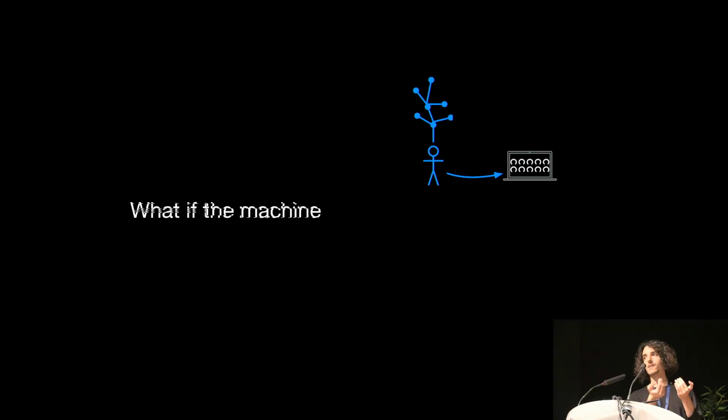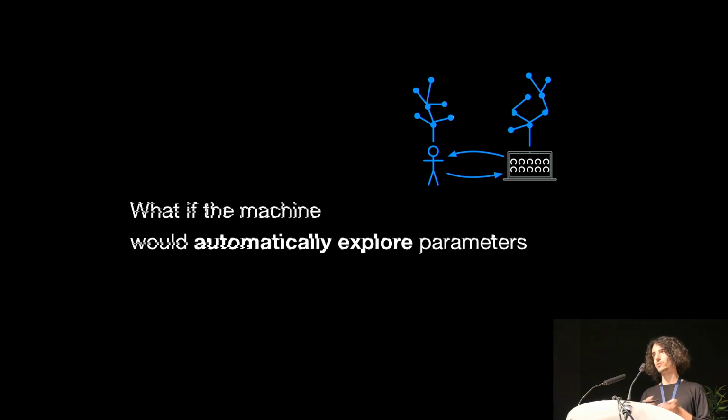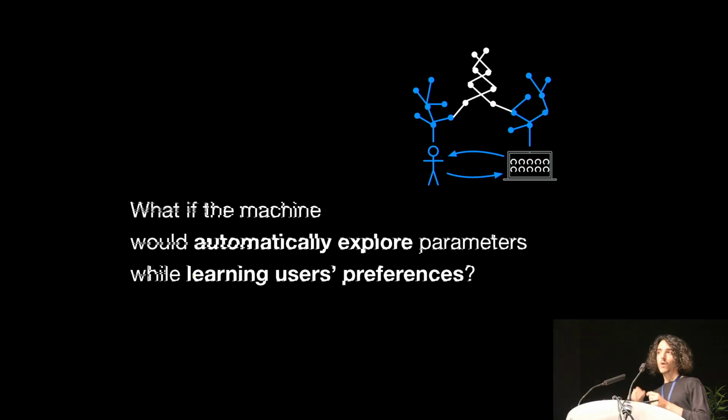This kind of human-computer interface is, of course, very good and efficient for a lot of sound design tasks. But it may not be the best to explore a great variety of sounds because of the exponential number of parameter combinations. So instead of having only the user exploring the sound space given by the parameters, we wondered what if the machine could automatically explore the parameters, in parallel to the user, while learning the user's preferences towards the parameters.